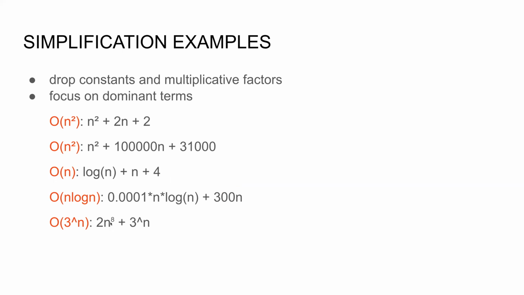In this one, n to the 8th power is a polynomial, but 3 to the power of n is exponential, it's faster, so it wins. That's why overall this is O of 3 to the n.